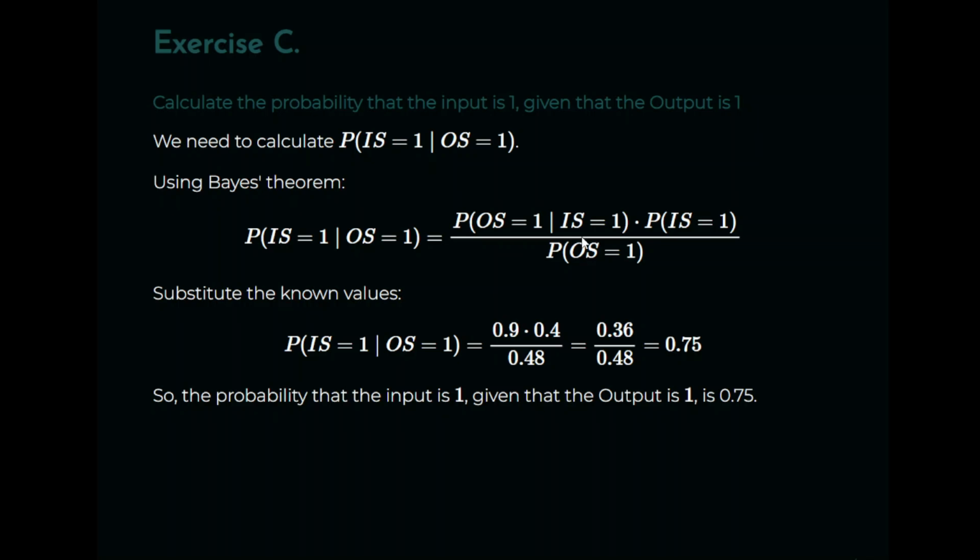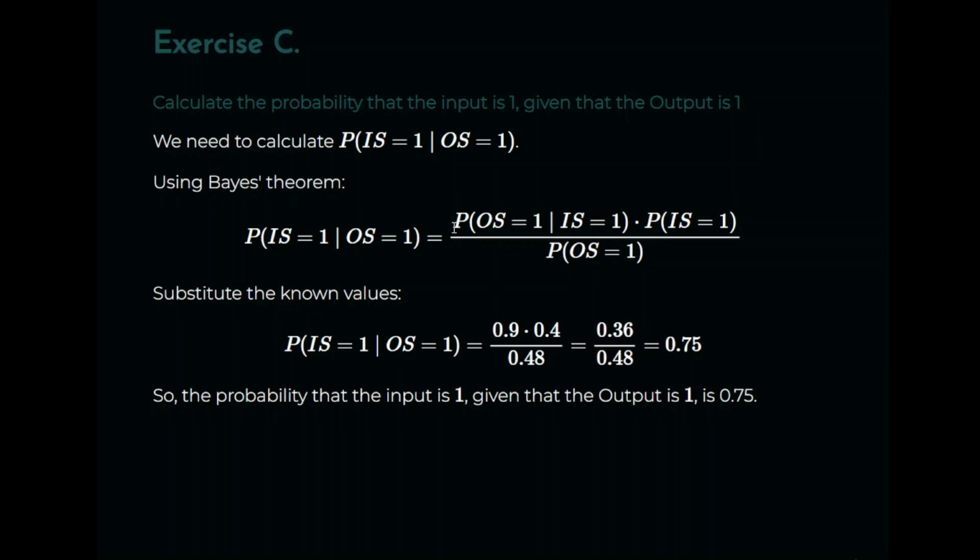That can be written as the probability of IS equal to 1 and OS equal to 1. Okay, but what we can do there is just use this expression here. This is just Bayes' theorem essentially. In case you're wondering, it's just the conditional probability used twice essentially.